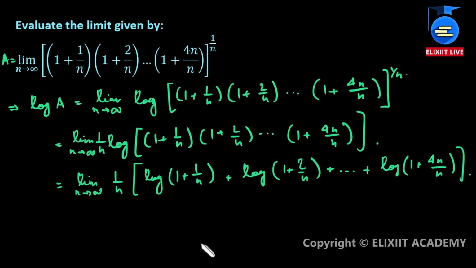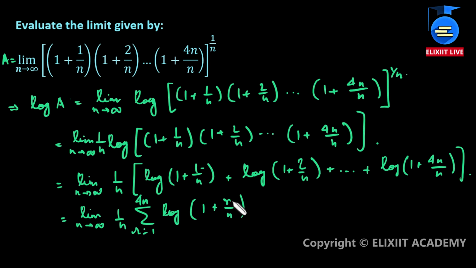Now we can represent this in terms of sigma. So this is basically limit n tends to infinity, 1 by n, sigma r equals 1 to 4n, since the terms go 1, 2, 3 up to 4n. And this is log of 1 plus r by n.